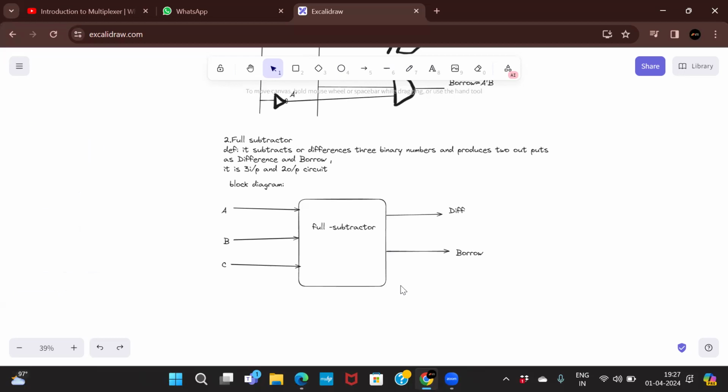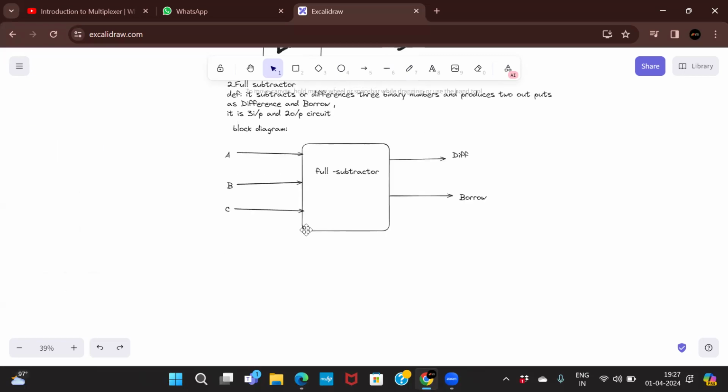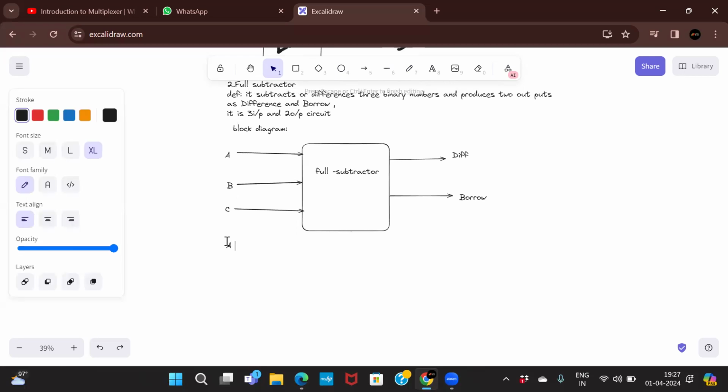What it does is subtract three binary numbers and give outputs as difference and borrow. So let's discuss the functionality of this. We require three inputs, that is A, B, C, and the outputs difference and borrow.